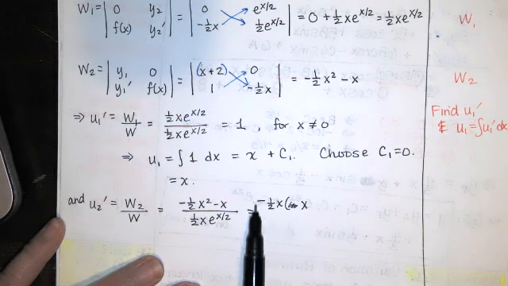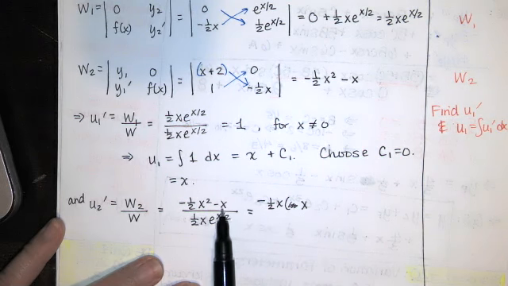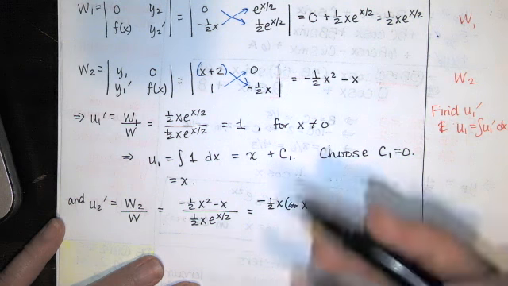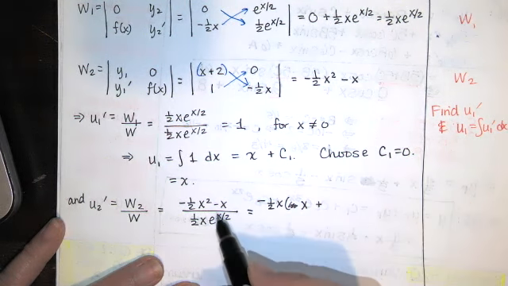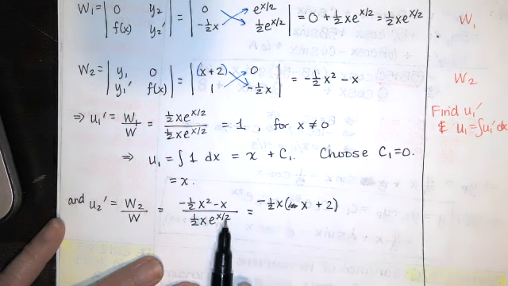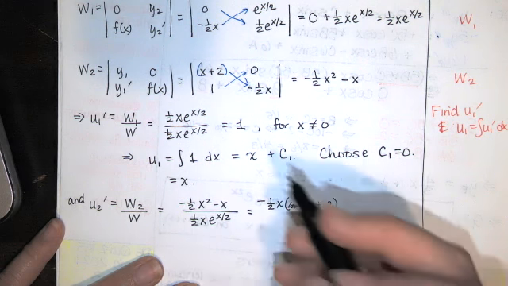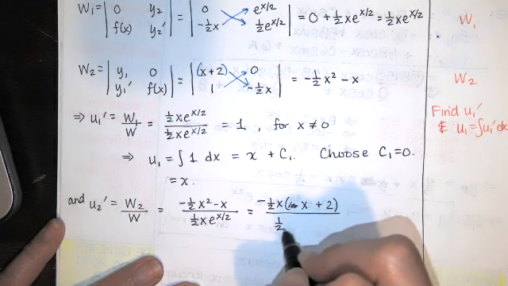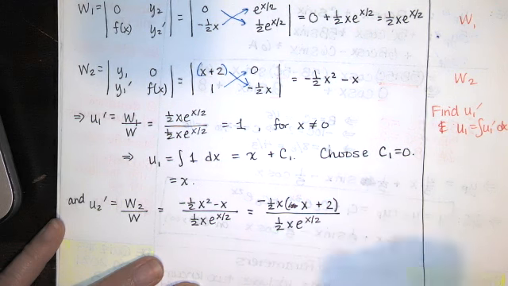Then ask yourself, negative 1/2 x times what would give us a negative x? Well, negative times a positive would give us a negative. And then I would need a 2 there in order for the 1/2 and the 2 to give me a negative 1 in front of the x. You can distribute and see that that's the right thing. Okay, so now I have this.